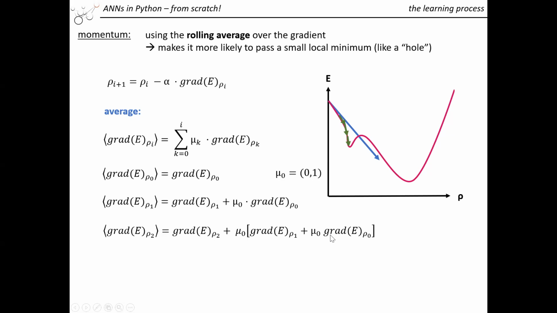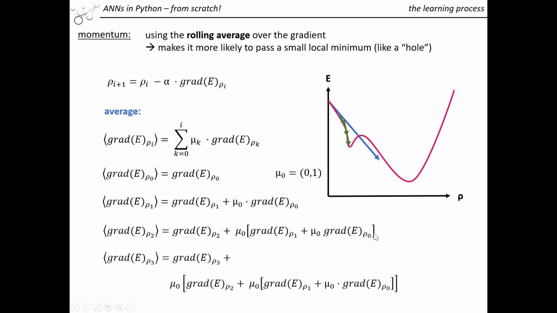The other iteration is 2 iterations ago, so we have the factor mu 0 squared. So therefore, again, the gradient from the current iteration has the largest contribution. The gradient from the iteration before has a smaller one, and the gradient from 2 iterations ago has an even smaller one. And we can just continue that.